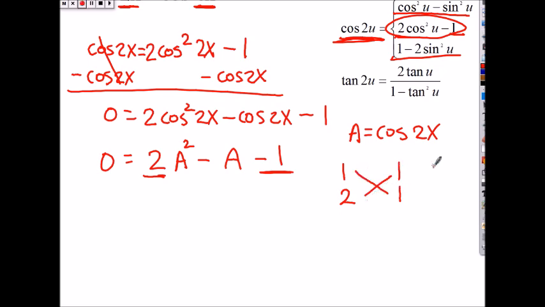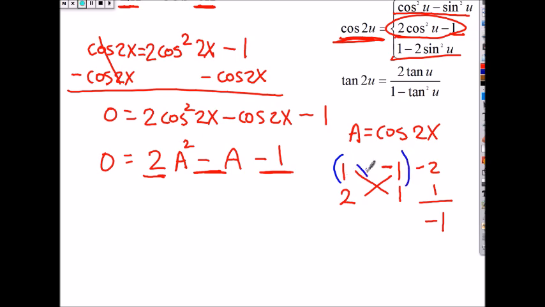And I cross multiply them, and my goal is when I add the products of these two, I like to have them equal to negative 1. So that being said, the negative should go with negative 2 to make it negative. So that means this should have been negative. Then I'm done with my factoring.